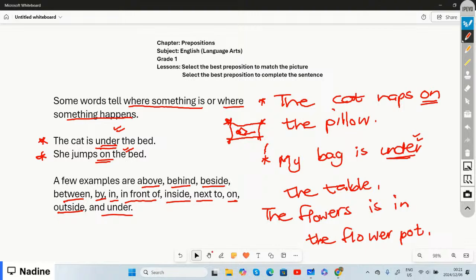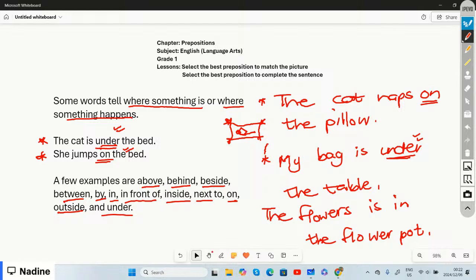We need to identify our prepositions within that sentence. So the flowers is in the flower pot.